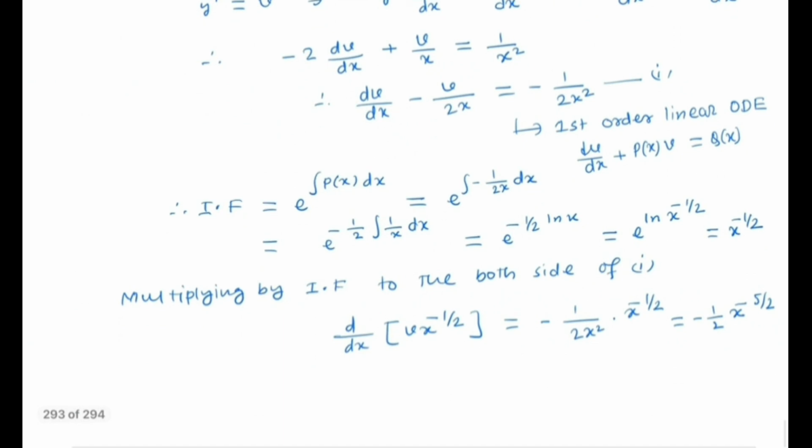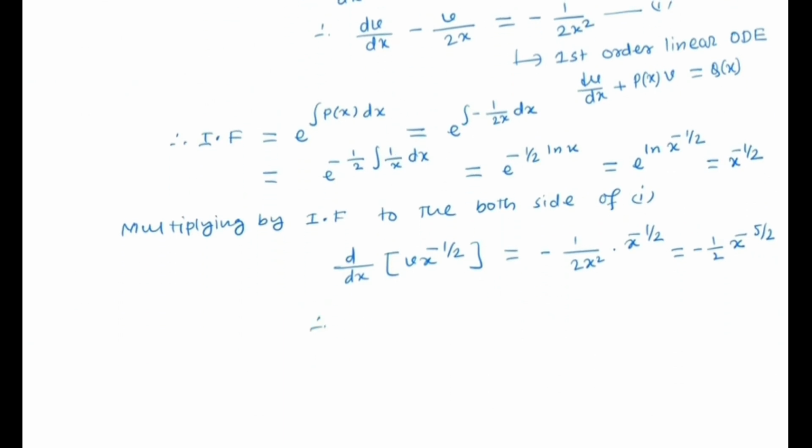Okay, so v x^(-1/2) = -1/2 ∫ x^(-5/2) dx, which is -1/2 into x^(-3/2)/(-3/2) + c.